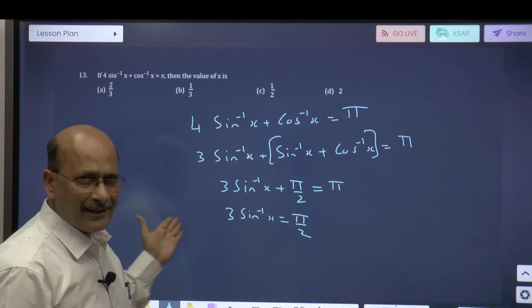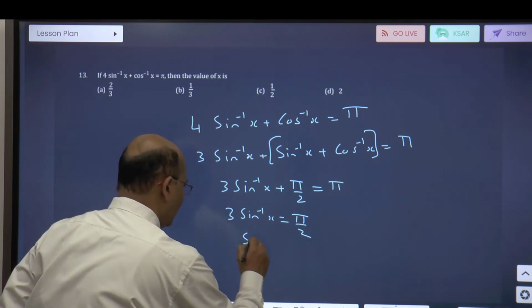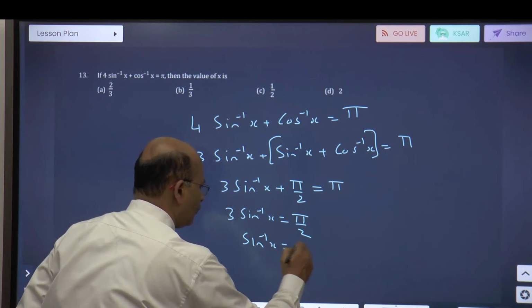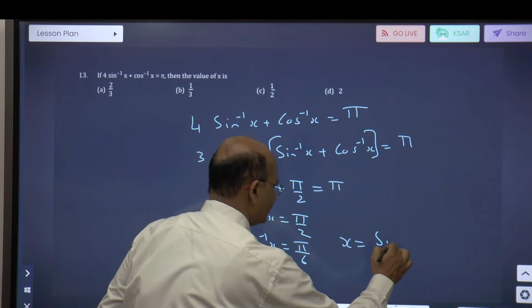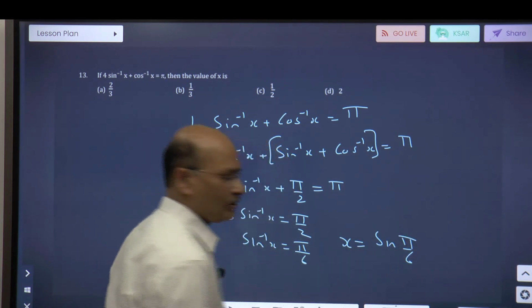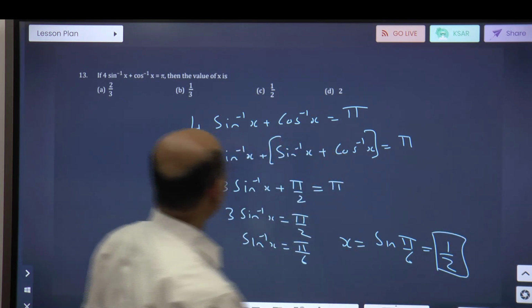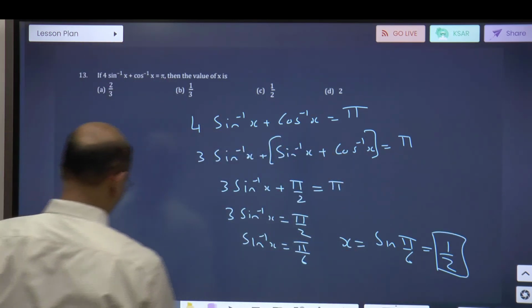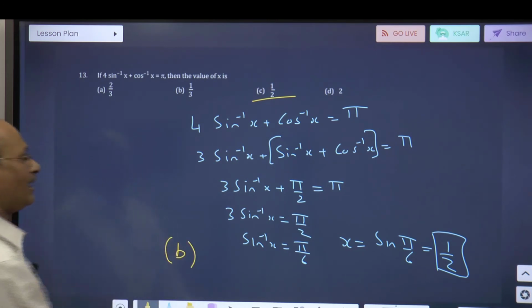This 3 is outside, take it inside. So this will become sin inverse x is equal to pi by 6. So what value of x came here? x is sin of pi by 6. What is sin pi by 6? It is 1 by 2. So what is the answer, B option is the right option.